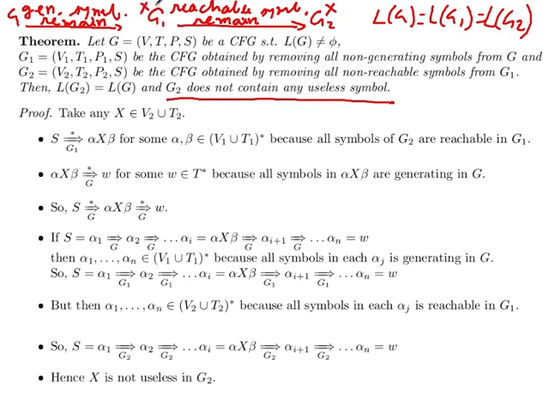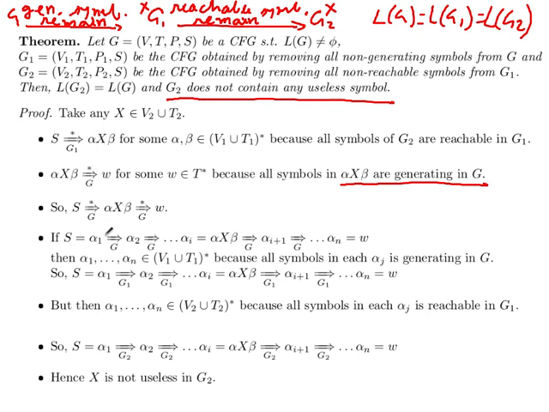So all that, this alpha, beta, X, those are generating in G. So that means from here you can generate some terminal in G. So in here you can do this, and this W is in T. This is happening in G, so that is why this is in T, because all the symbols here are generating in G.